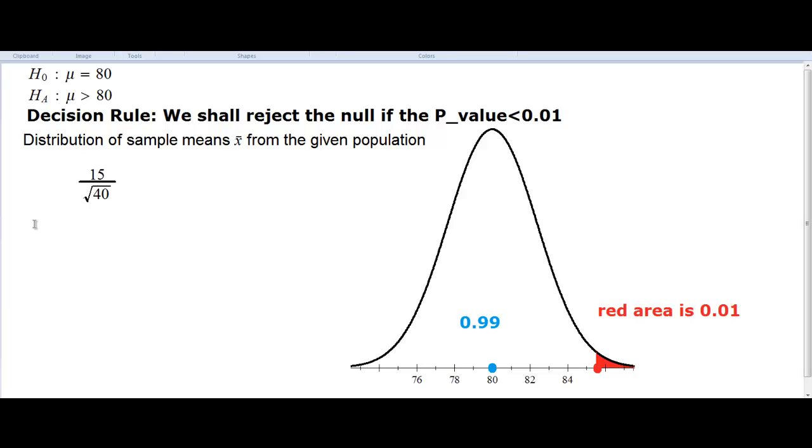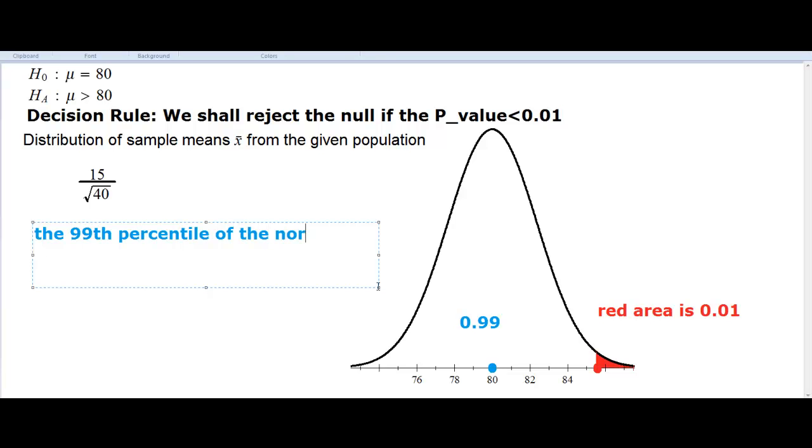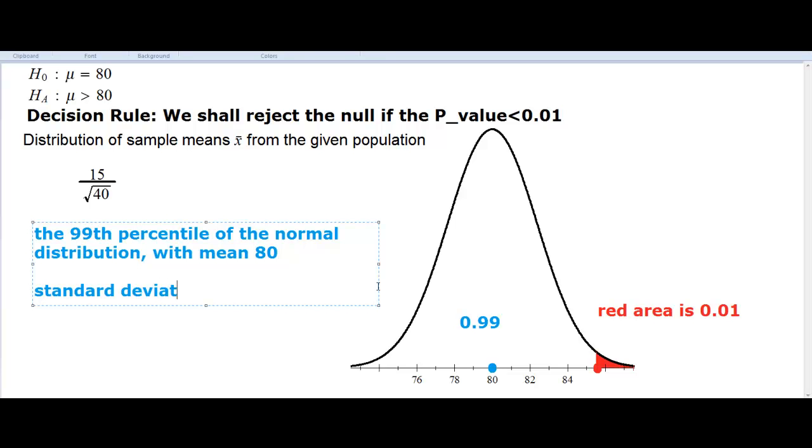So let's look at the 99th percentile of the normal distribution with a mean of 80 units and a standard deviation of 15 over square root of 40 units.